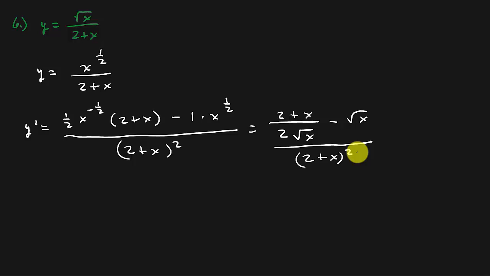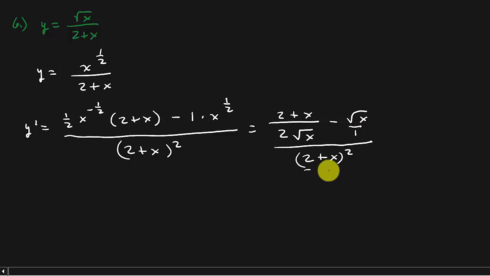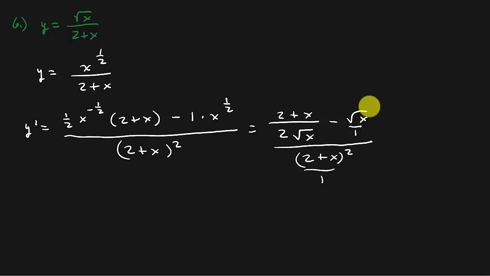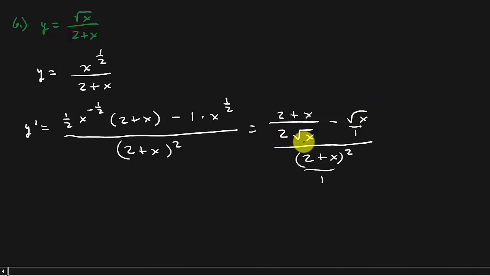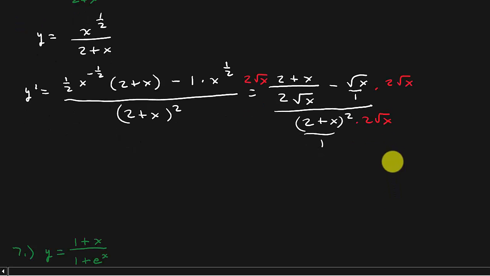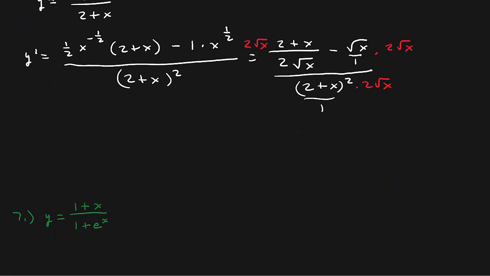So how do we simplify this thing? Well, look at this as a complex fraction. It's all that over 1. So I'm going to get a common denominator of the 2 square root of x, the 1 and the 1, and that common denominator is 2 square root of x. I'm going to multiply 2 square root of x to each term.